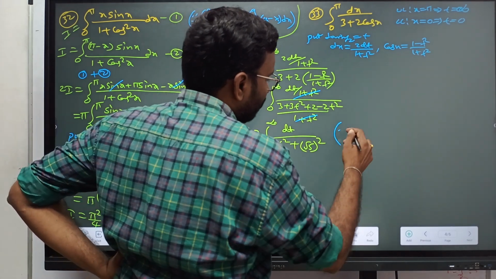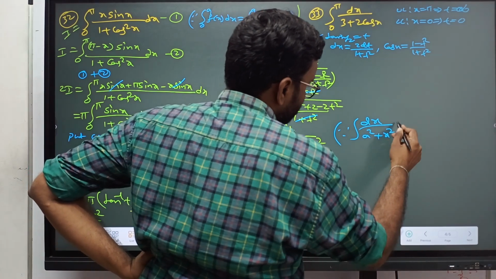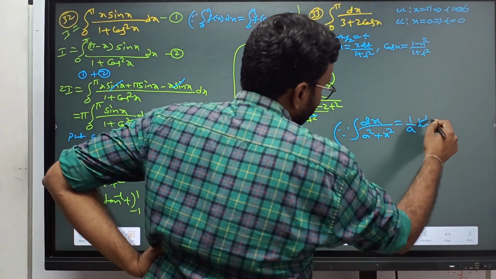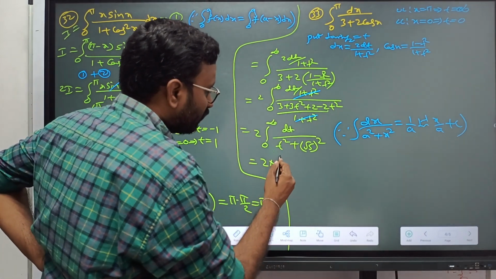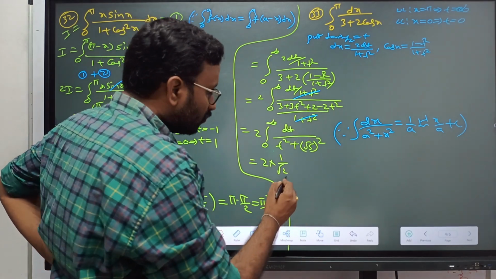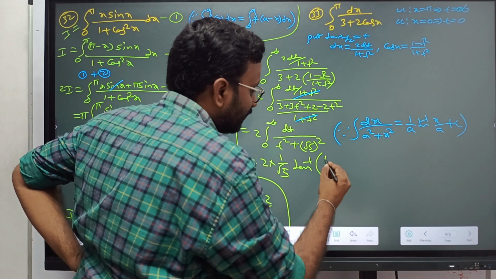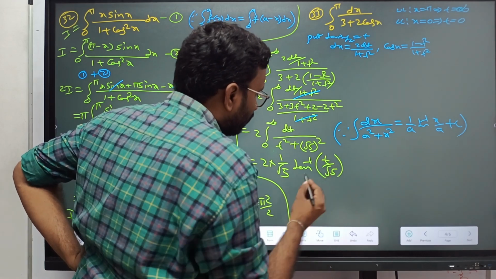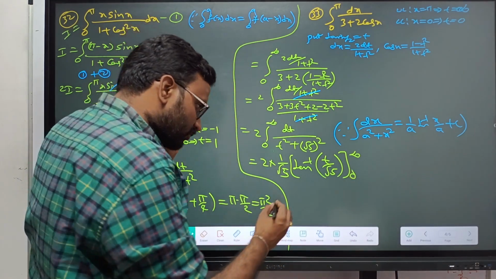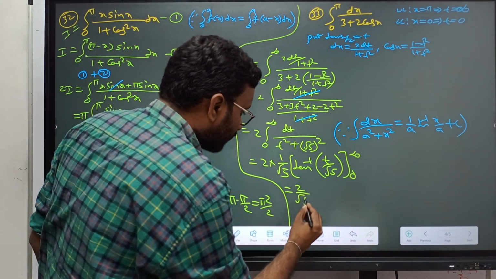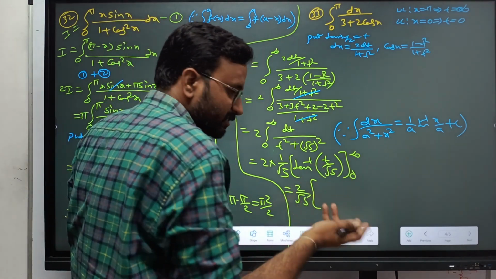This is in which formula? Form integral dx by a square plus x square is equal to 1 by a tan inverse x by a plus c. So, which is equal to 2 into 1 by root 5 tan inverse t by root 5. What are the limits? 0 to infinity. So, now substitute. Upper limit infinity, tan inverse infinity, it will become infinity by something, infinity only.